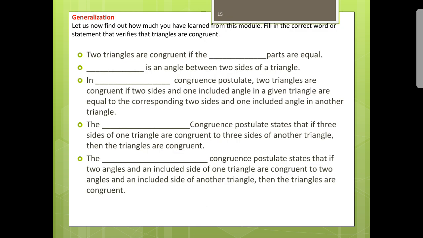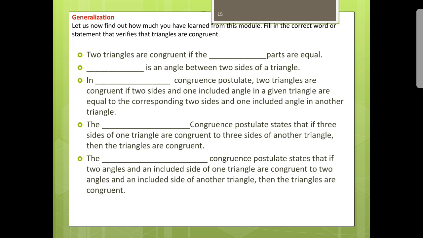Okay. Let us now find out how much you have learned from this module. Fill in the correct word or statement that verifies that triangles are congruent. The first one: two triangles are congruent if the blank parts are equal.